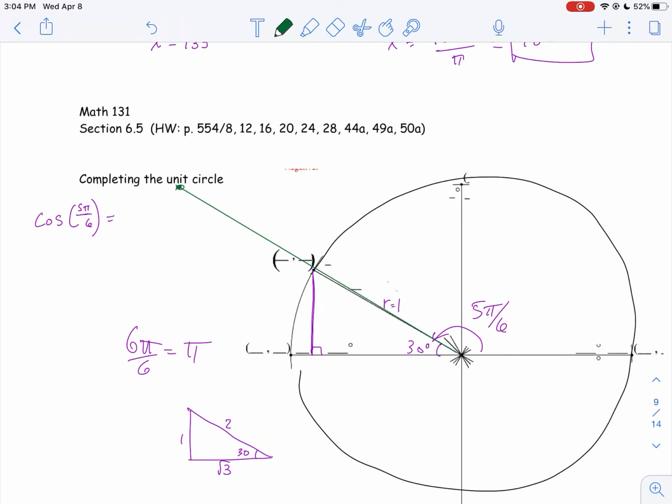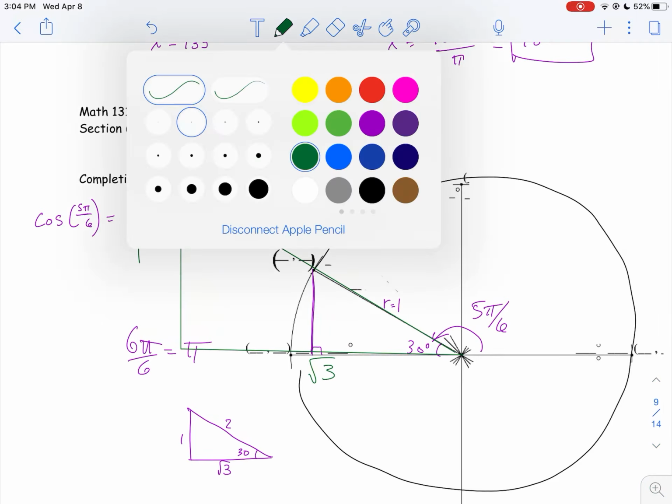Is that about twice as long? Roughly, I would say that's twice as long. So this green segment is actually 2. And so when I draw this in, this is 1, and this is square root of 3.